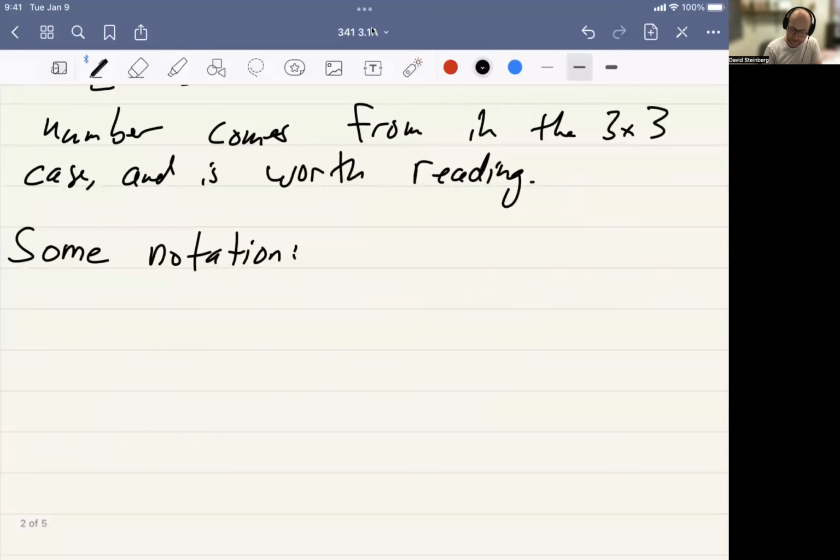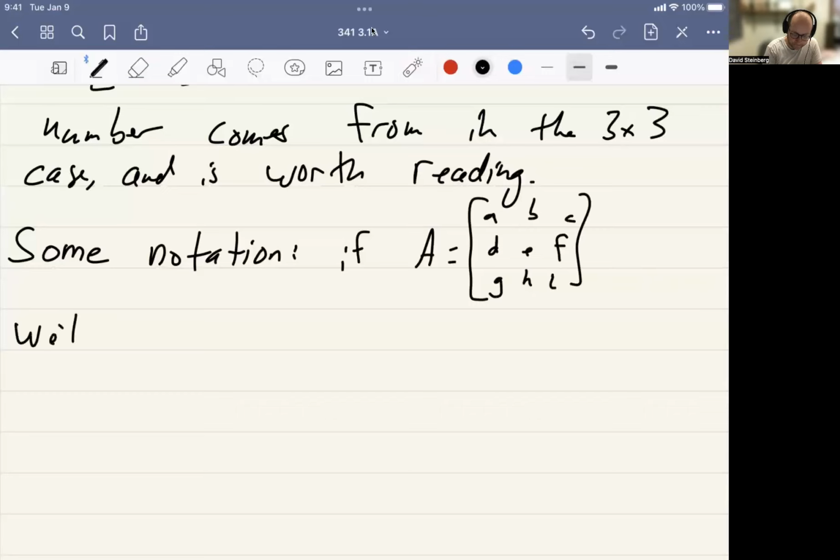So if A is equal to the same thing we just saw, A, B, C, D, E, F, G, H, I, we'll call capital A11 the 2 by 2 matrix we get by eliminating the first row and first column.